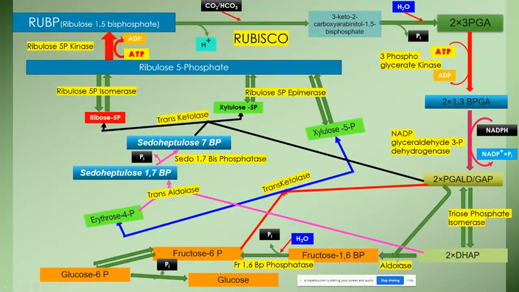Then aldolase, fructose 1,6-bisphosphatase. This will be isomerase. Then transketolase, transaldolase, pseudoheptulose 1,7-bisphosphatase, transketolase, epimerase, isomerase, kinase. So these are the different steps of the CT cycle, all about the CT cycle. Clear?